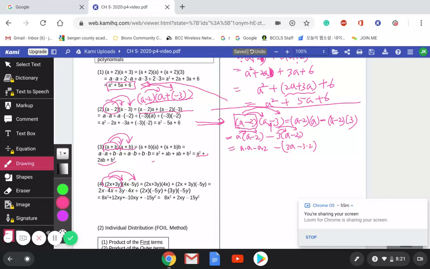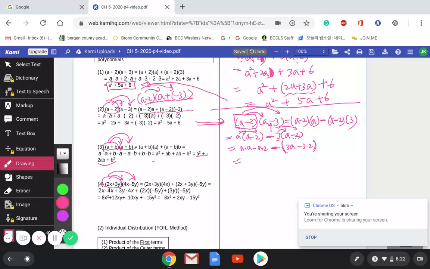I have to be careful here because I use this 3 as an operator, a positive 3, but because you have a minus still, I have to be careful. So not to be confused, I put the parentheses there.